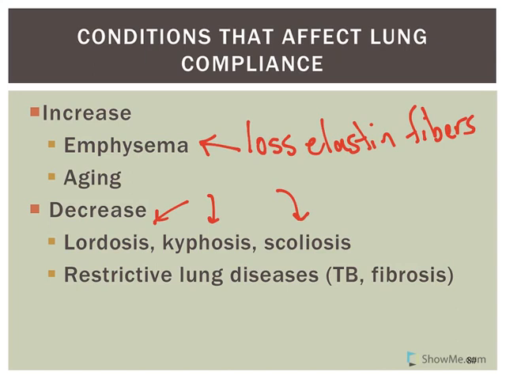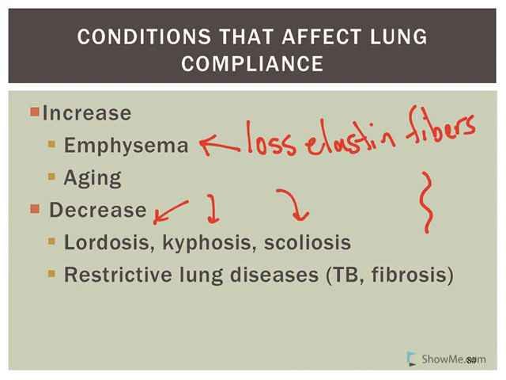Scoliosis is where, if I look at the back, you have an S shape for your spine. All those can affect your ability to get air into your lungs. Restrictive lung disorders like tuberculosis or fibrosis can lead to scar tissue development, which would make it hard to get air into your lungs.